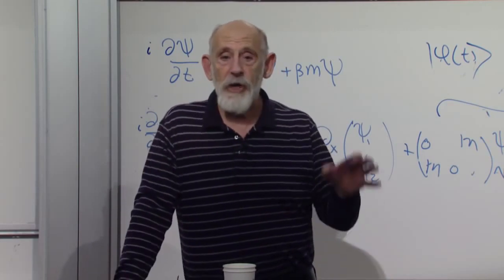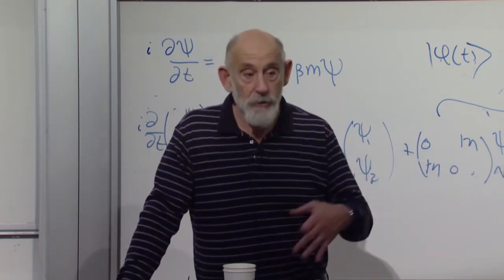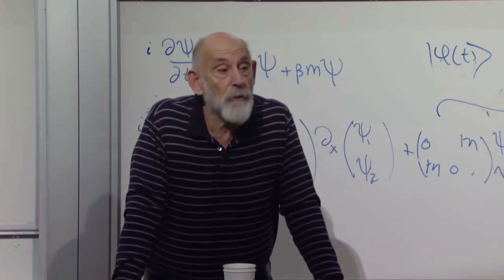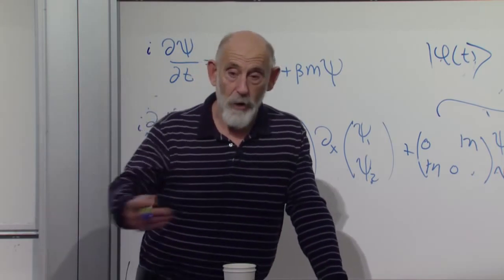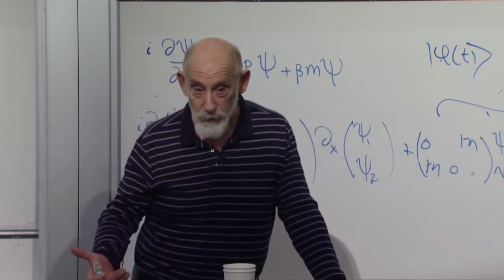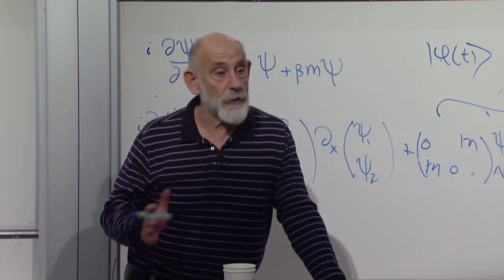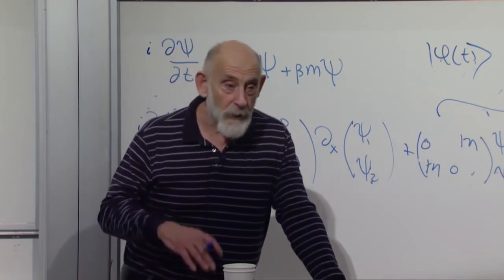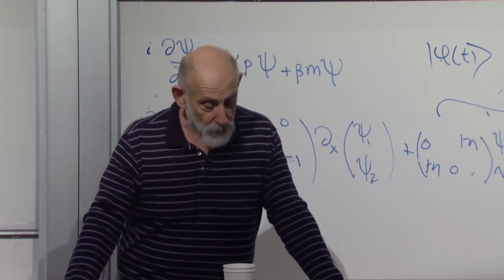And the reason is because any Lorentz transformation of a particle moving to the right is still a particle moving to the right if it's moving with the speed of light. A Lorentz transformation will not take a particle moving to the right with the speed of light and convert it to a particle moving to the left with the speed of light. Okay? So particles which move with the speed of light, the left ones and the right ones don't talk to each other through Lorentz transformations.